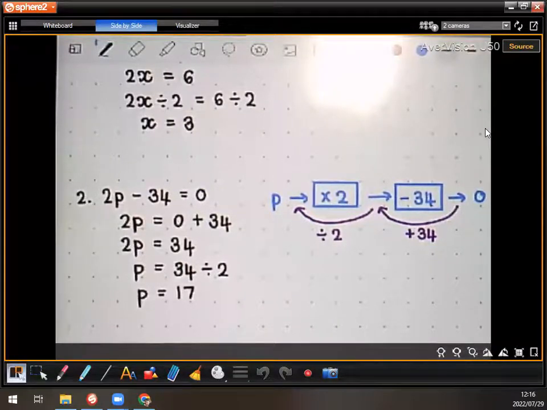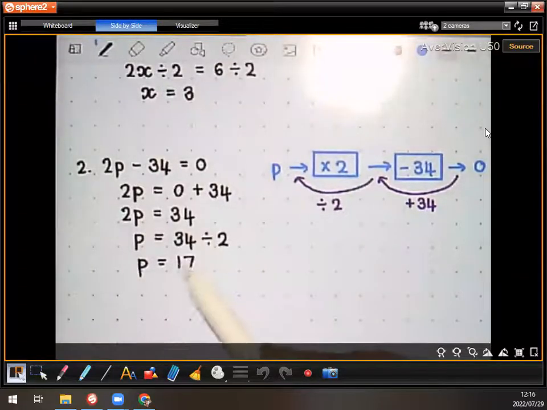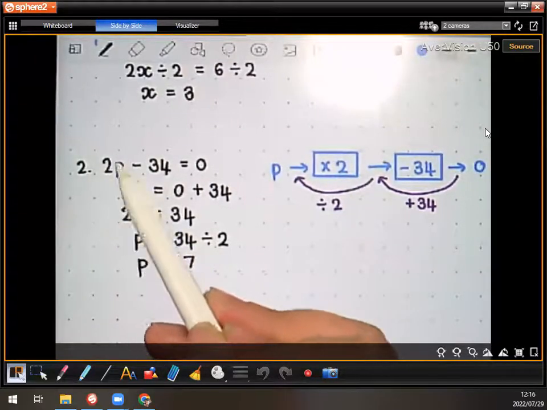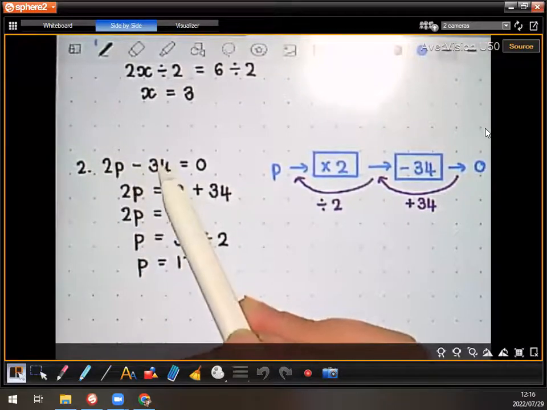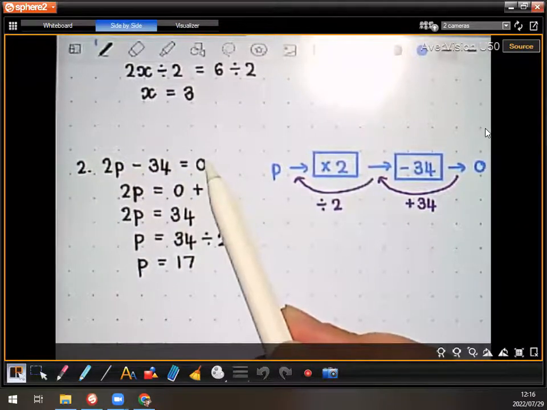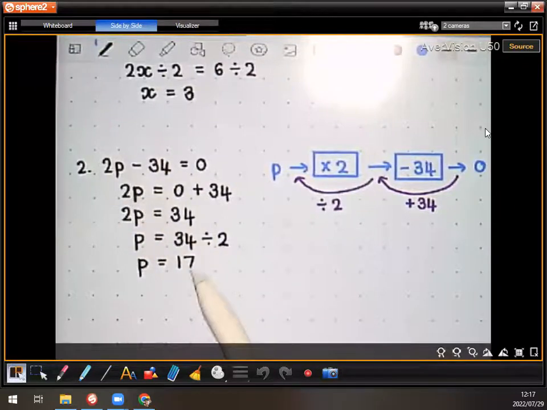Again, we can check our answer. We can put that p, that's 17. What's 2 times 17? 34. Minus 34, that is 0. Okay, so p equal to 17 does make my equation true.